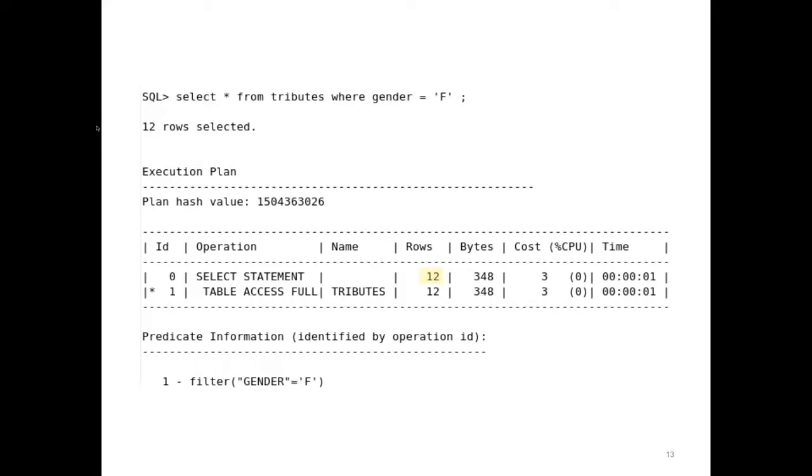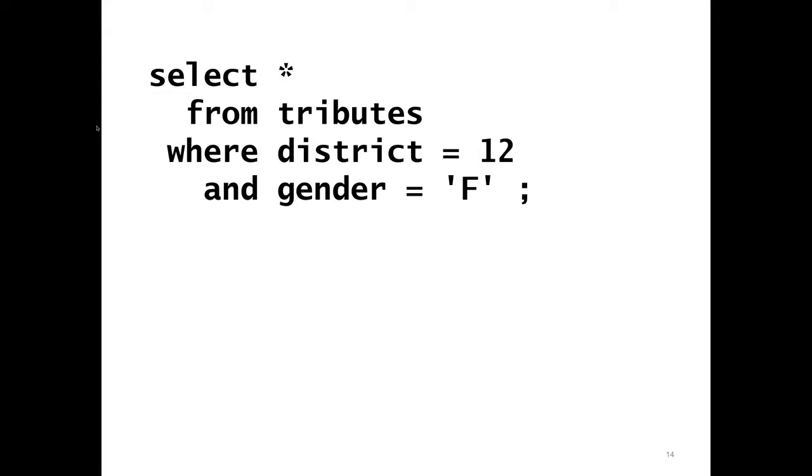There is one female tribute and one male tribute for each of the districts. So it was an even distribution. So again, our statistics were perfectly accurate, and therefore our estimate was perfectly accurate. The next one, what if we add a second condition to it?